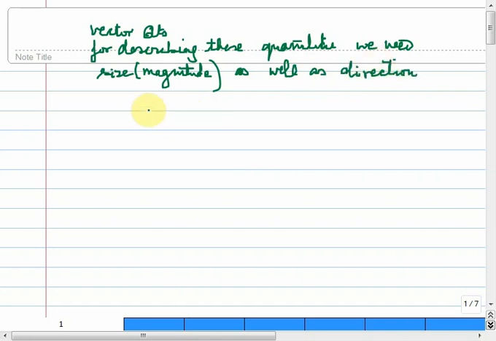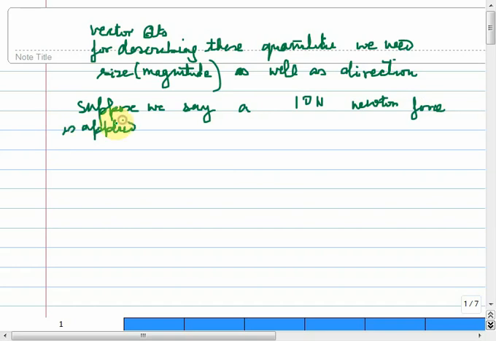Suppose we say a 10 Newton force is applied. This statement is incomplete because until and unless we know in which direction the force is applied on the body, we cannot be sure about the movement of the body because of this force. So for defining force we need a direction.